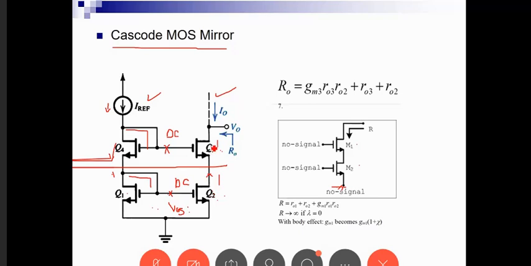But the difference between this and the regular current mirror is that now I have two stacked transistors that are supplying me the current, and those two stacked transistors have DC or ground at their gates. So the effective resistance is that of the cascode, which is that of the RXY.